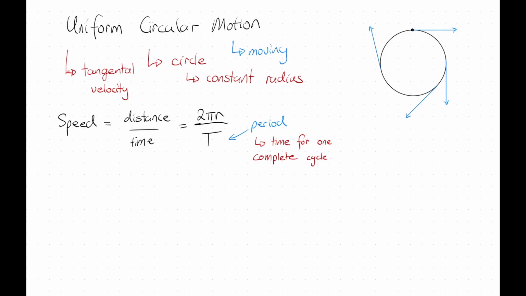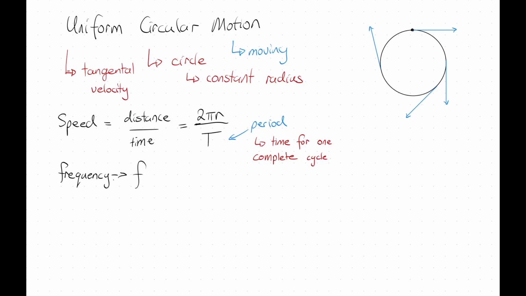So if it takes, let's say, 5 seconds to complete one revolution, it would have a period of 5 seconds. Other way of looking at a complete cycle or a number of revolutions per second would be frequency. So frequency, which we give the symbol f, is how many complete cycles are completed per second.